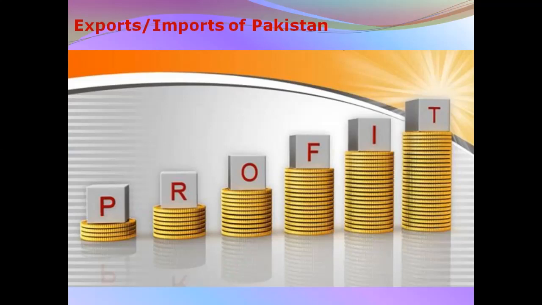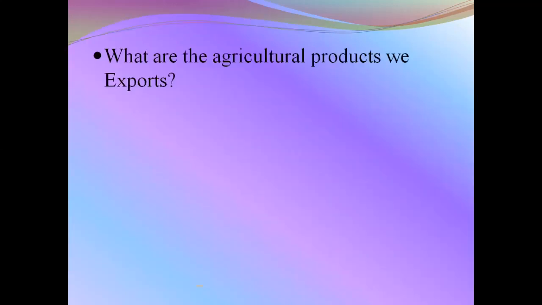So let's start our chapter. As I told you before, our chapter name is Exports and Imports of Pakistan. So, if you have any idea, then think in your mind: what are the agricultural products that Pakistan exports?